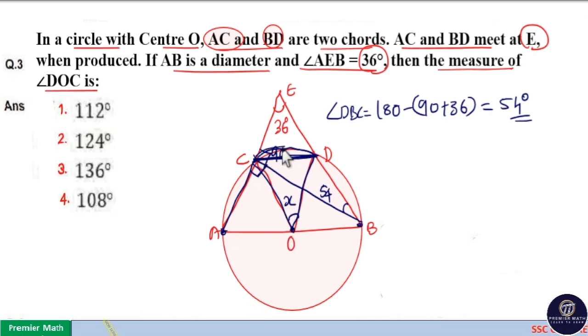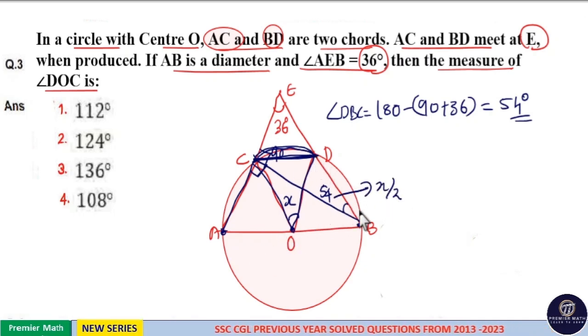Then the same arc CD can create X by 2 at any point on the remaining part of the circumference of the circle. Now this is arc CD and this arc CD creates angle X at the center. Then the same arc CD can create X by 2 at any point on the remaining part of the circle. Now this point B is on the remaining part of the circle. Then this arc CD can create X by 2 at point B.